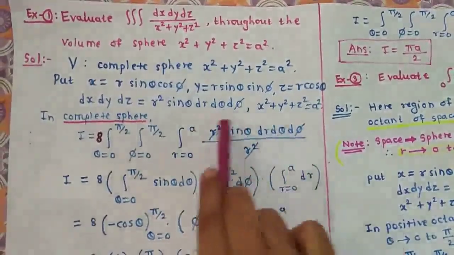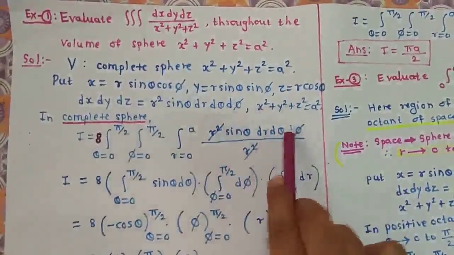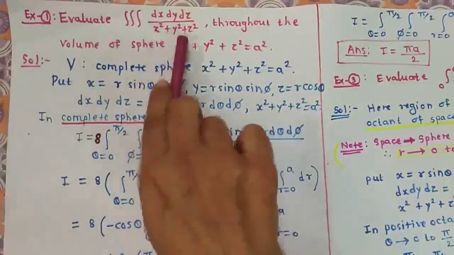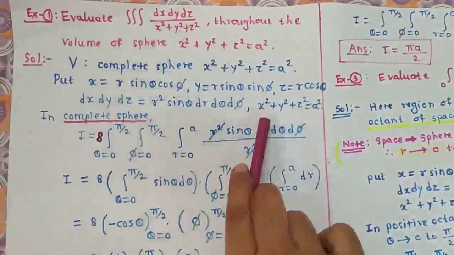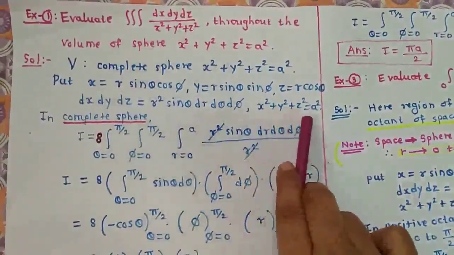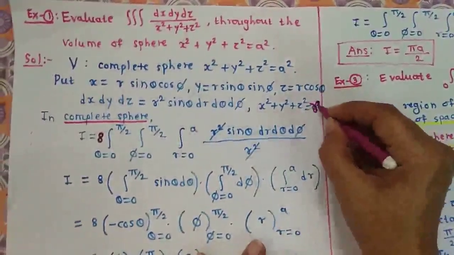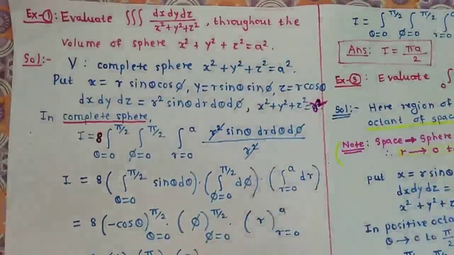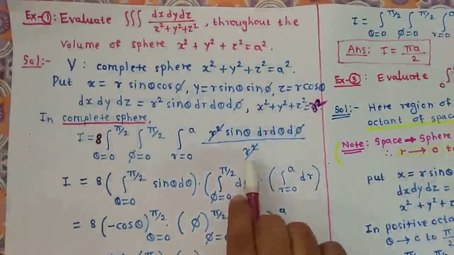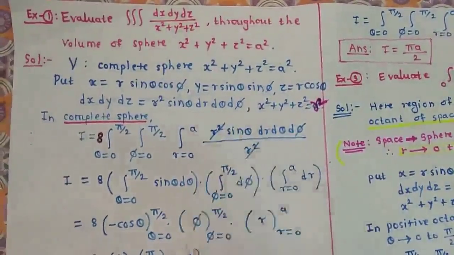In the denominator, the value of x square plus y square plus z square is r square. Now r square gets cancelled.